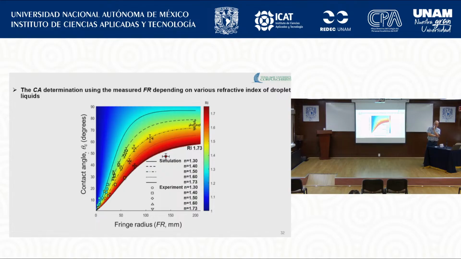In other words, it is an RI sensor. Originally, we proposed it as RI sensing, but we changed its direction.